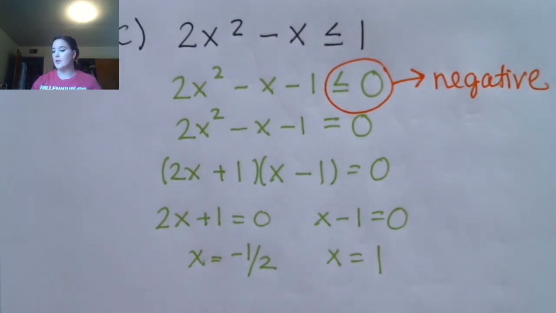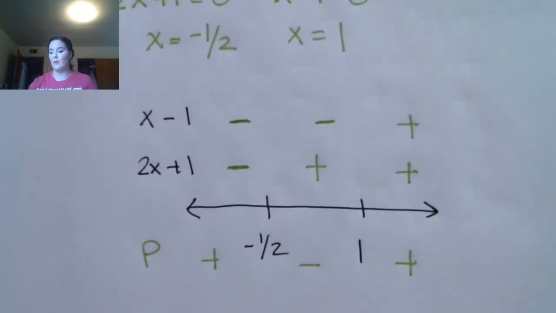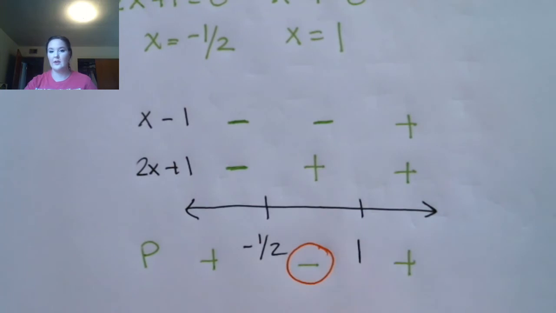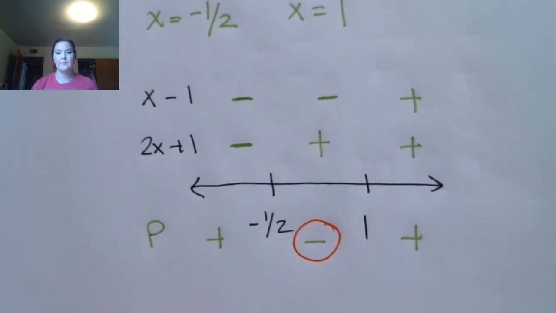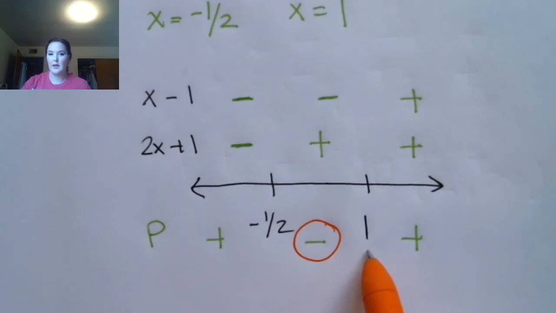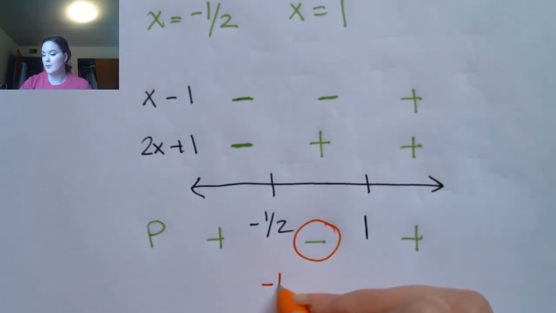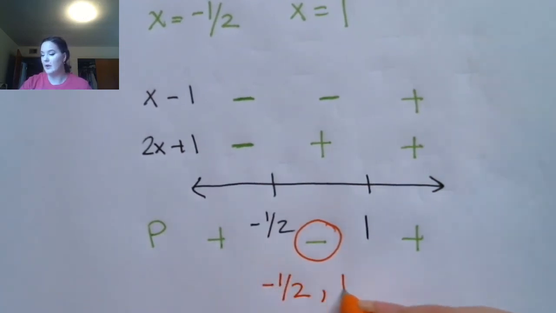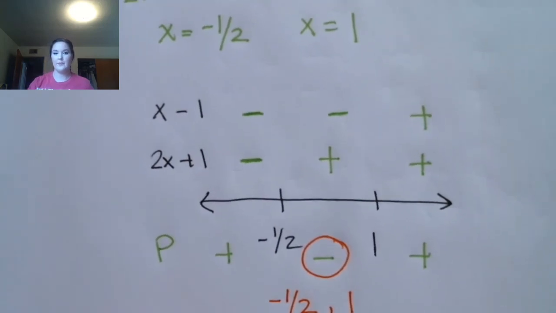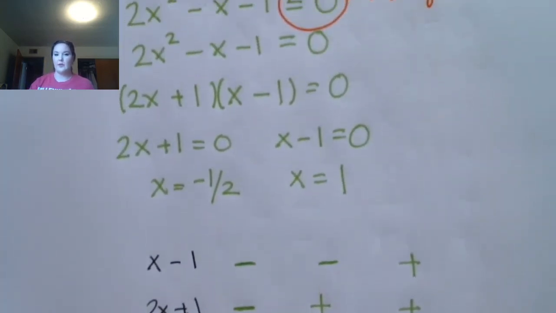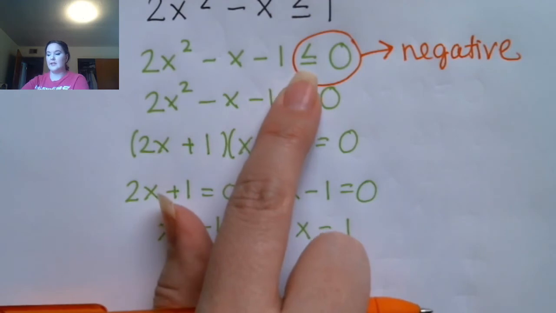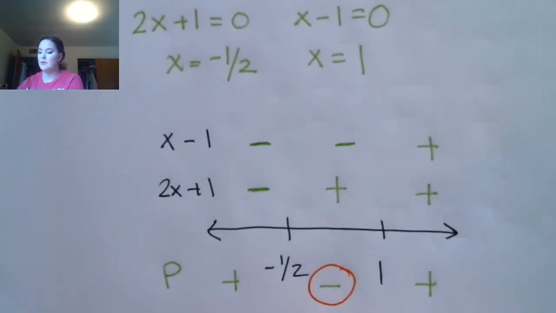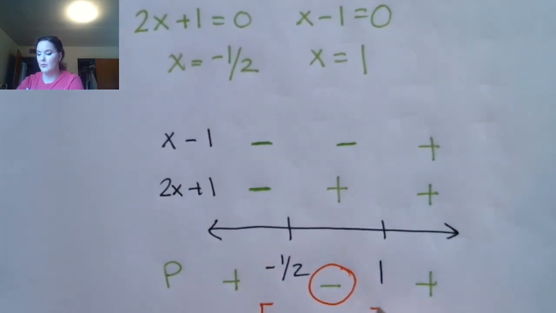So in this example, we're going to be looking for the minus, which is here. So that's going to be between -1/2 and 1. Between -1/2 and 1. Okay. So then I look at my inequality, it's less than or equal to, so that means I'm going to use brackets.